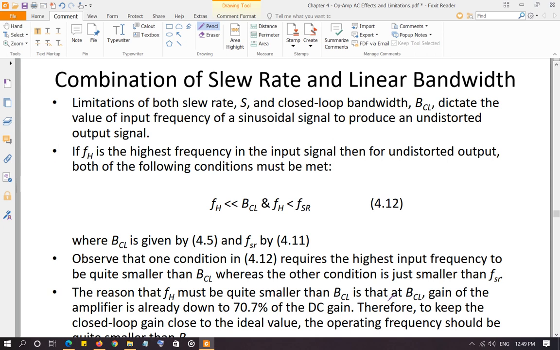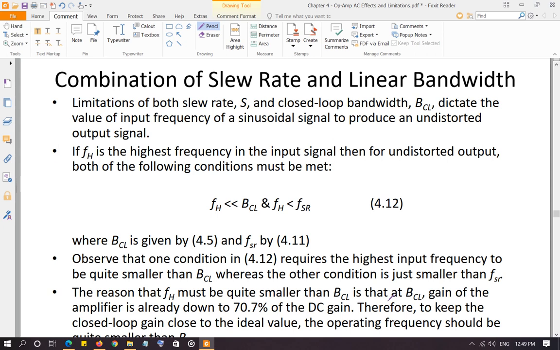And if it's a pulse signal, then your input rise time should agree with the rise time due to the closed loop bandwidth, that is TCL is equal to 0.35 over BCL, and it should satisfy the rise time due to slew rate, that is TSR is equal to V naught over S.